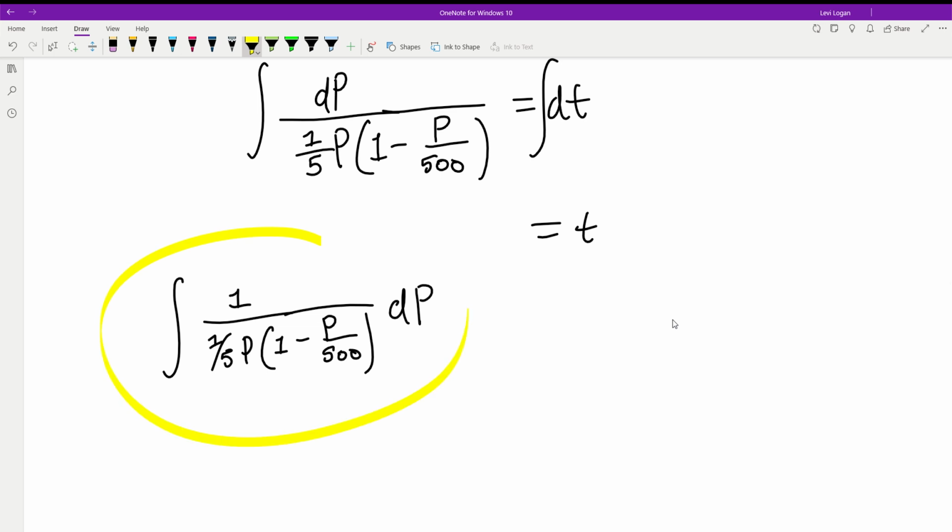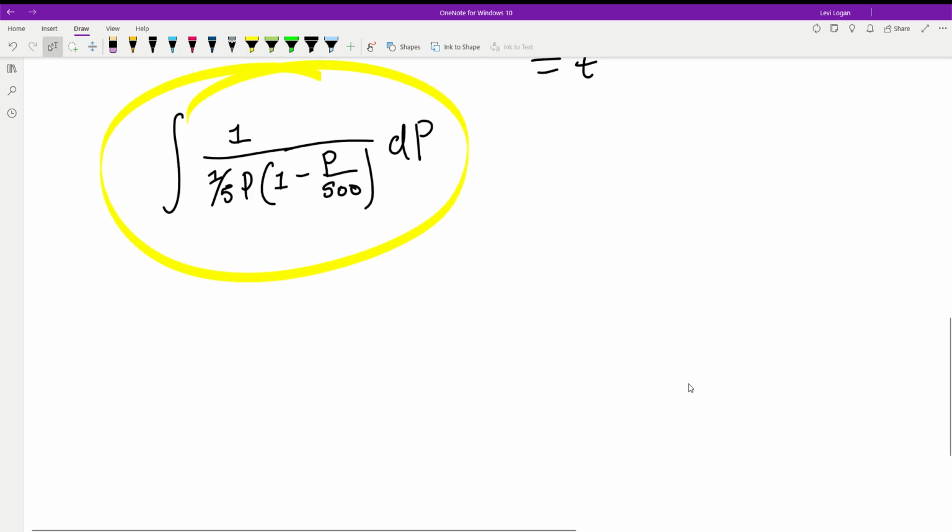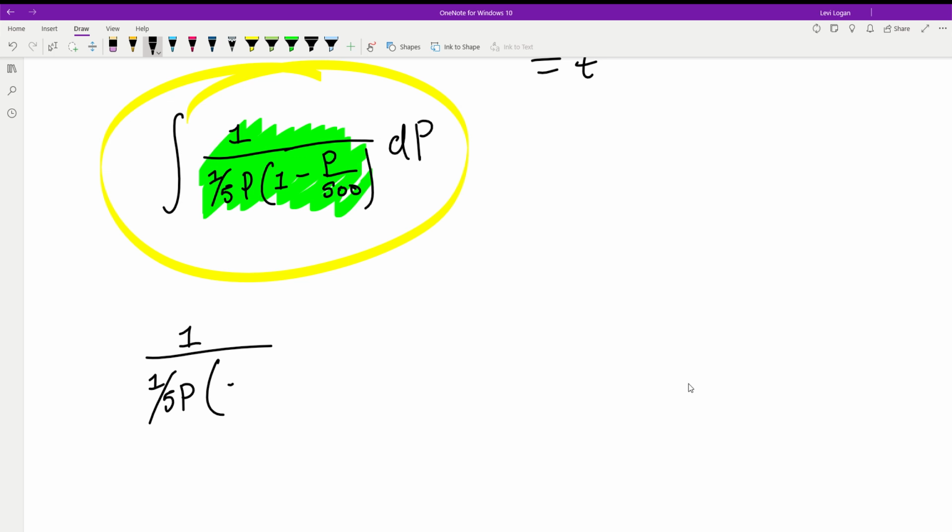In order to integrate this, we actually need to do partial fractions on this function here. So we have 1 over 5p times 1 minus p over 500. We can see we have two linear factors, this one here and this one here.